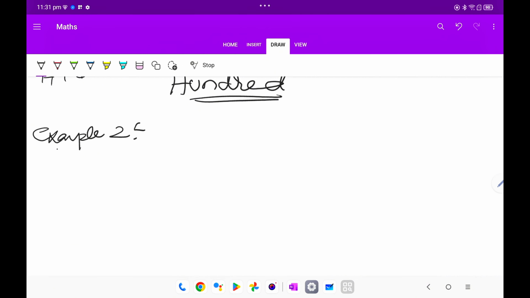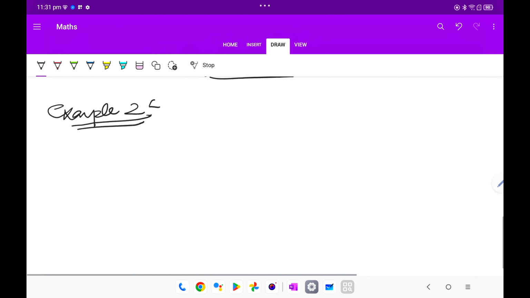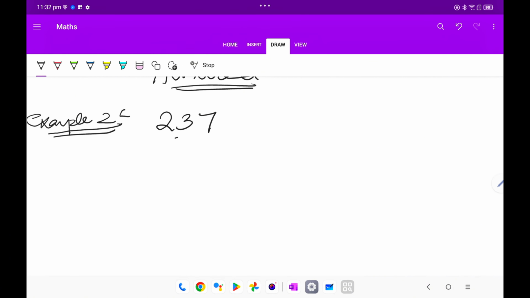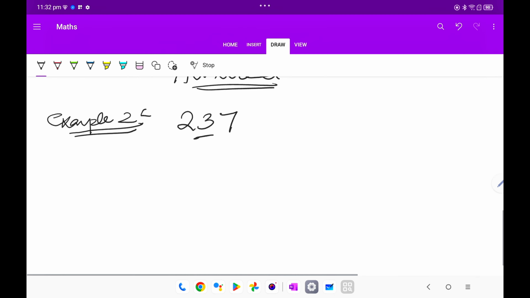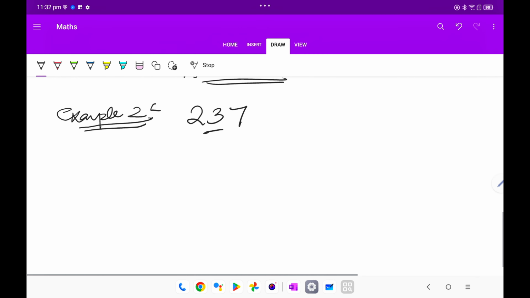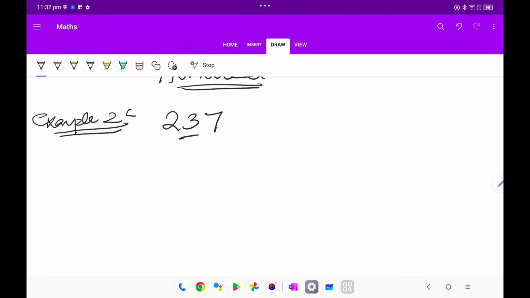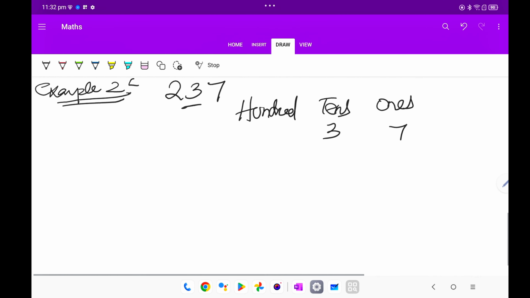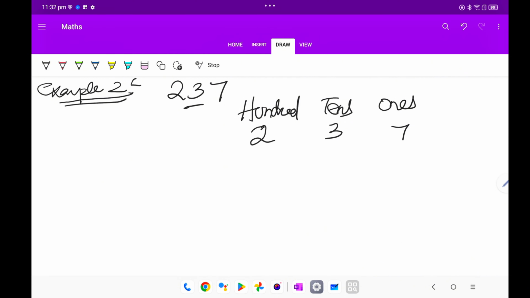Example 2. Now they have given a number 237 and you have to write the place value of the underlined number. Again write down the same thing: ones, tens, hundreds. Under ones it is 7, under tens it is 3, under hundreds it is 2.